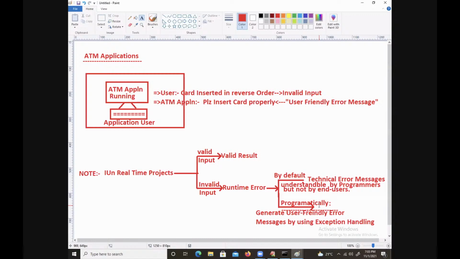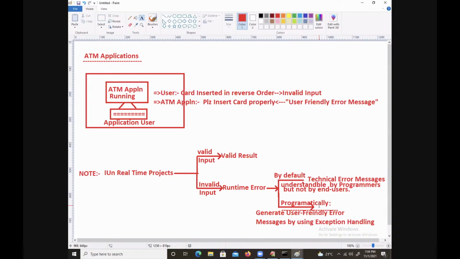User-friendly error messages. If we do not use it, technical error messages come by default. Who will understand technical error messages? Only programmers.